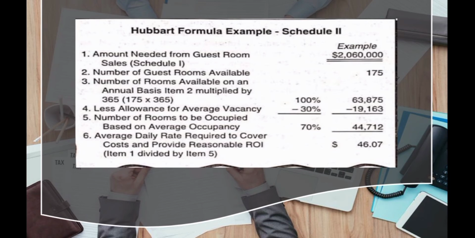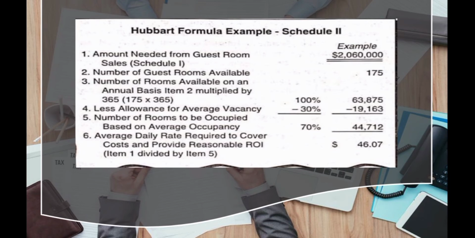It will be multiplied by 365, so we will come up at 63,875. 63,875 is 100% occupancy, so this indicates the 100% occupancy level. Then from that, we will deduct the allowance for average vacancy, which is 30%.